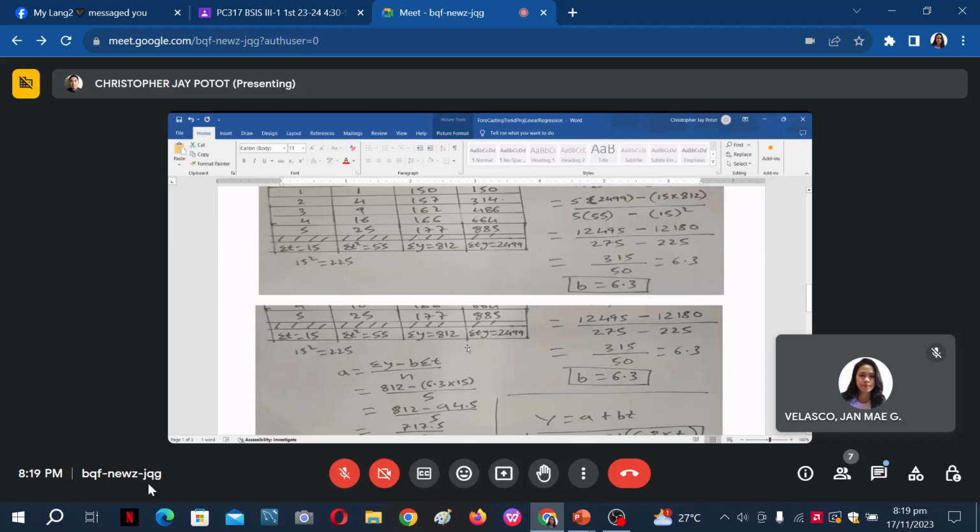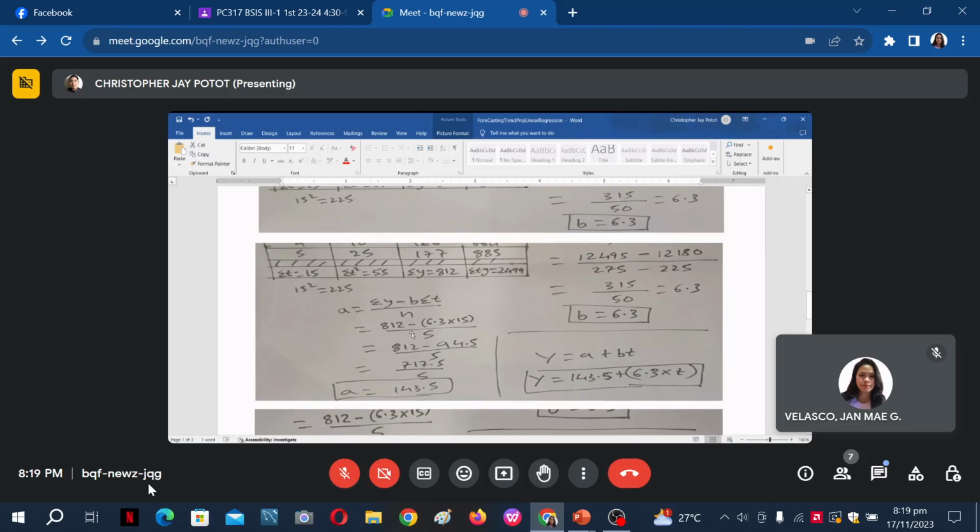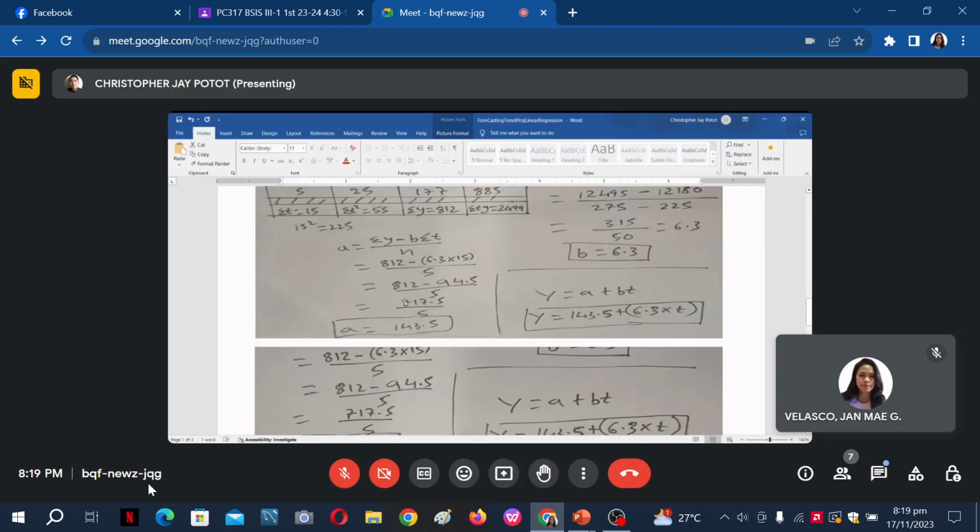So the summation of y, again, is 812 minus b, which is 6.3, times the summation of t, which is 15, over n, which is 5. To calculate, 812 minus 94.5 over 5 is 717.5 over 5. So we now have the value of a, which is 143.5.